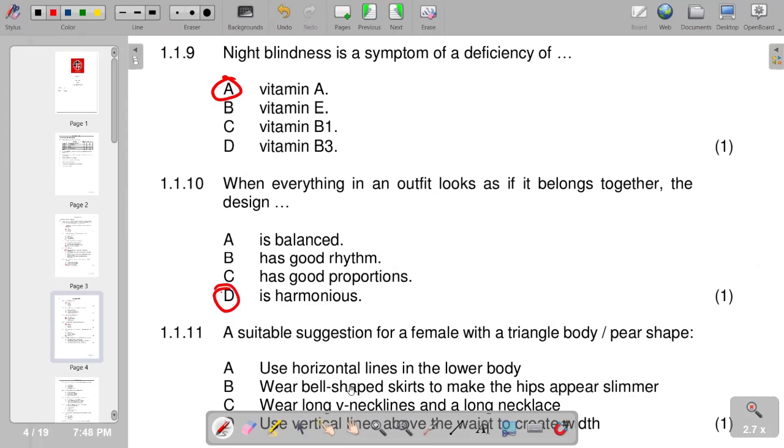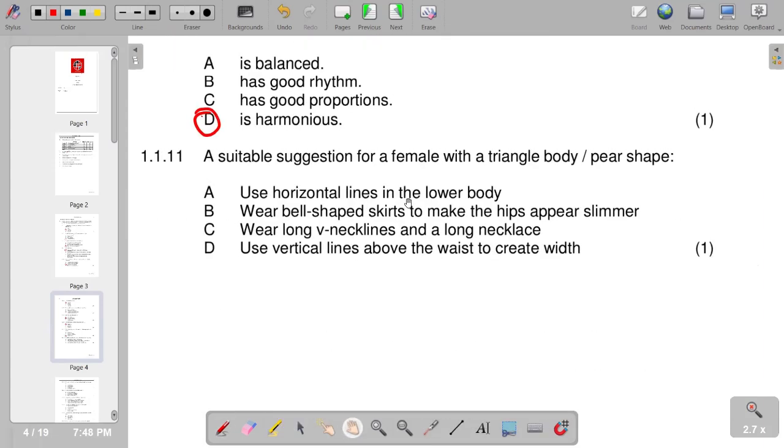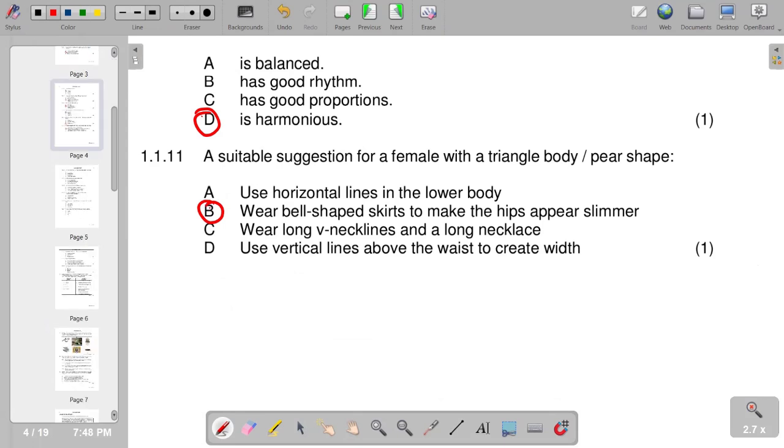Number 11, a suitable suggestion for a female with a triangle body or pear shape. With the responses that we have, the correct one is B: wear pear-shaped skirts to make the hips appear slimmer. So we have B. Moving on to the next question, number 12.